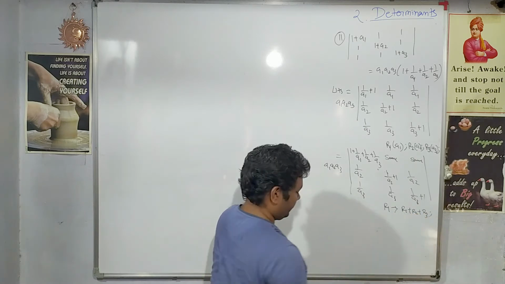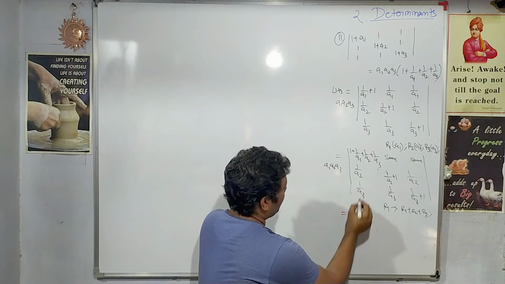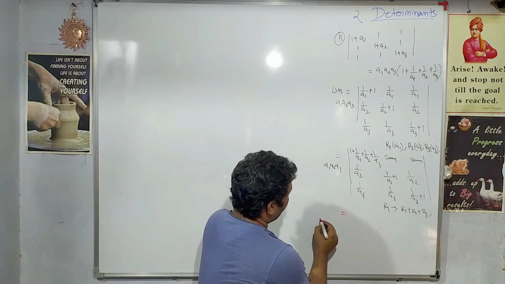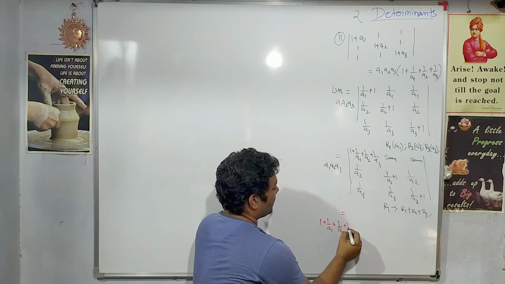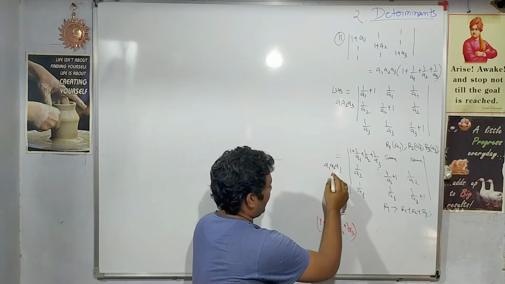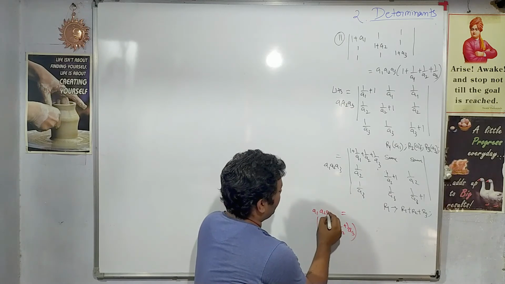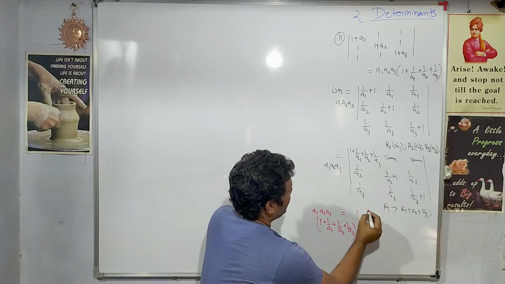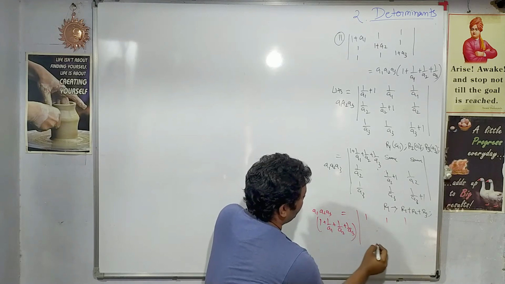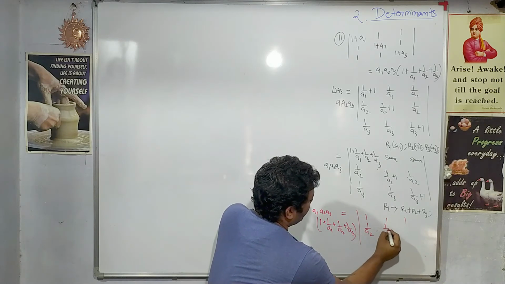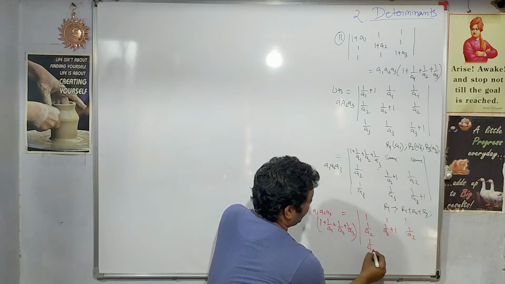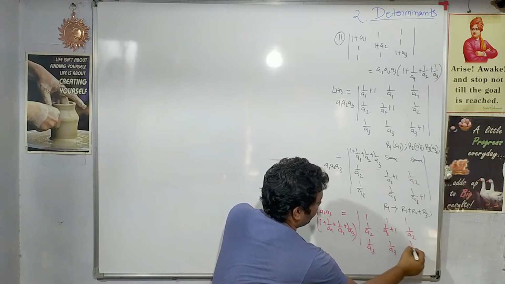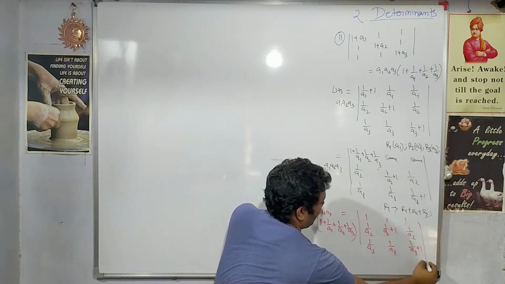So now from the first row I can take out 1 plus 1 upon a1 plus 1 upon a2 plus 1 upon a3 common, right? I already have a1, a2 and a3 common. So what will remain? 1, 1, 1, 1 by a2, 1 by a2 plus 1, 1 by a2, 1 by a3, 1 by a3, 1 by a3 plus 1.